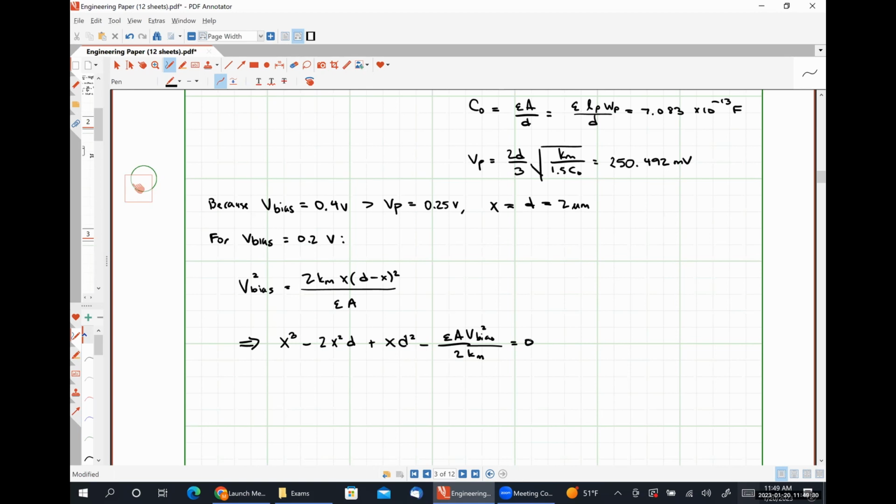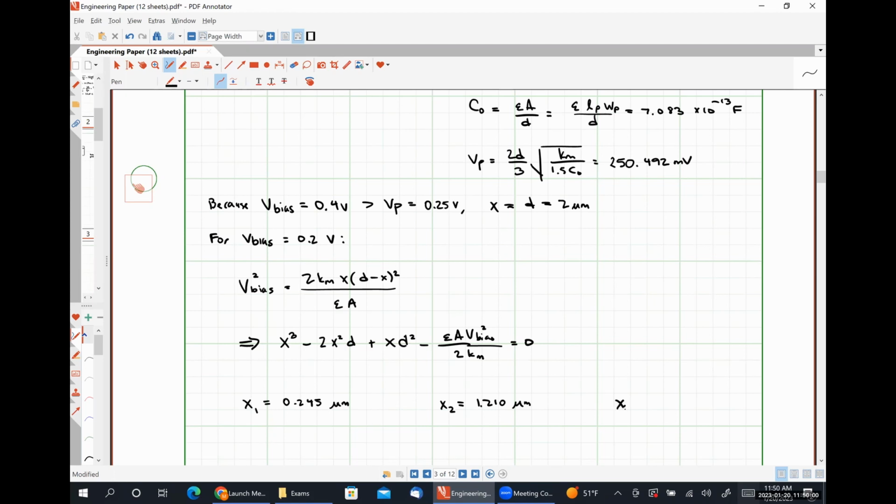So I used MathCAD to solve this. Since it's a third order polynomial, there are obviously 3 solutions. So our first solution, which I'm going to call x1, was 0.245 microns. Our second solution, x2, was 1.210 microns.